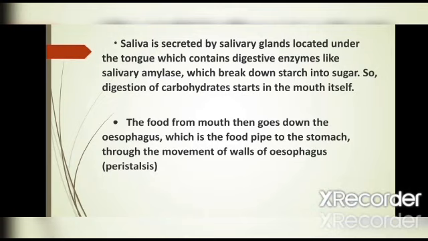The food from the mouth then goes down the esophagus, which is the food pipe, to the stomach through the movement of the wall of the esophagus, that is peristalsis movement. What is peristalsis movement? The contraction of the muscular wall of the esophagus that creates an easy passage of food into the stomach is called peristalsis movement.